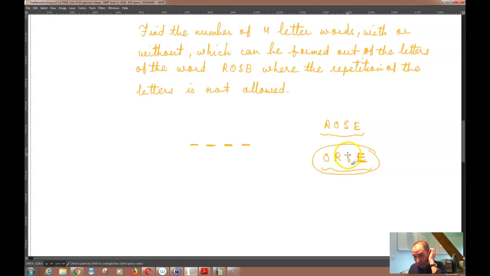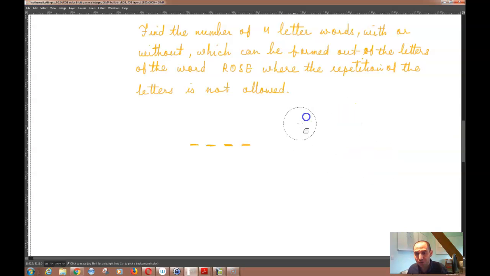So the question is telling us that it doesn't matter whether the word that you make has any meaning or not. The goal is to arrange these letters in different ways to create different words. You have R, O, S, and E, and of course repetition is not allowed.